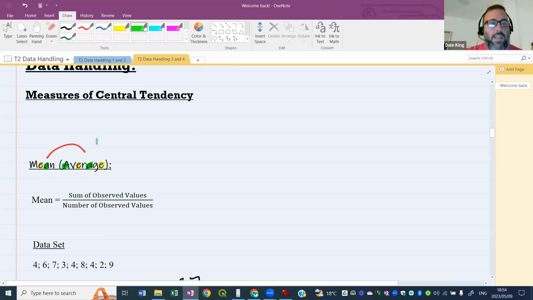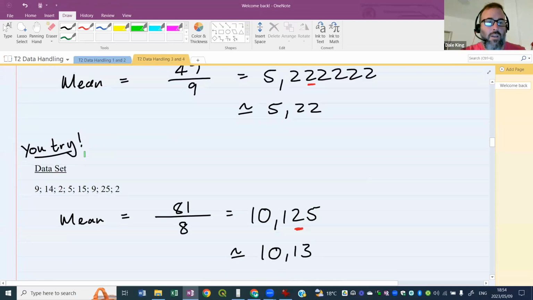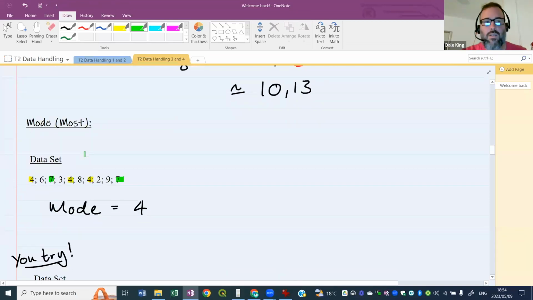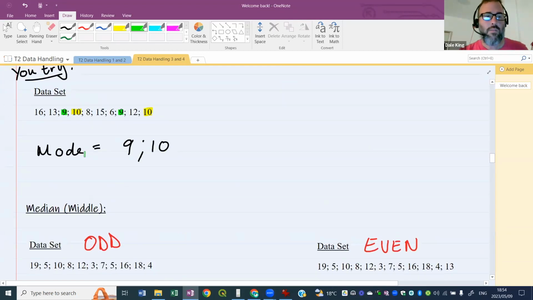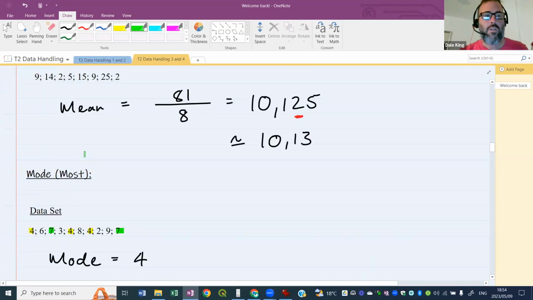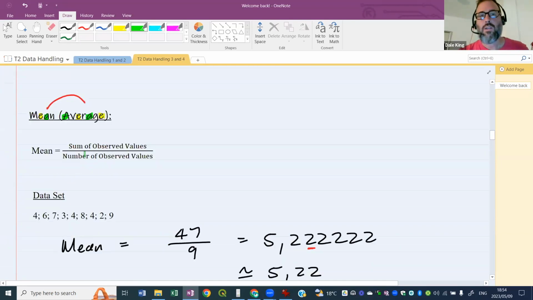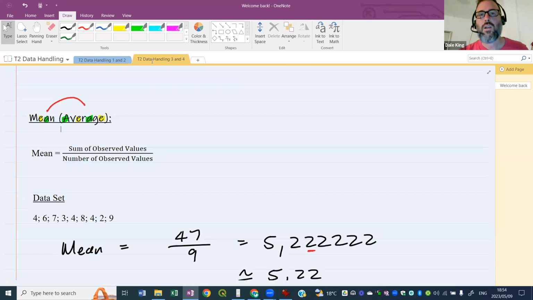So think about it like that. It doesn't really rhyme or sound the same, but mode, most definitely sounds the same, and median, middle definitely sounds the same. So if you get those two right, median, middle and mode, most, then the average has got to be the third one. Okay, so Emmanuel, I hope that helps you guys out.